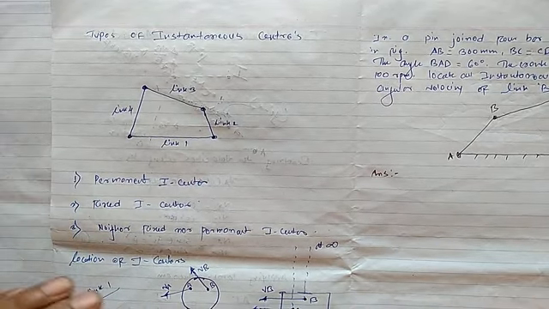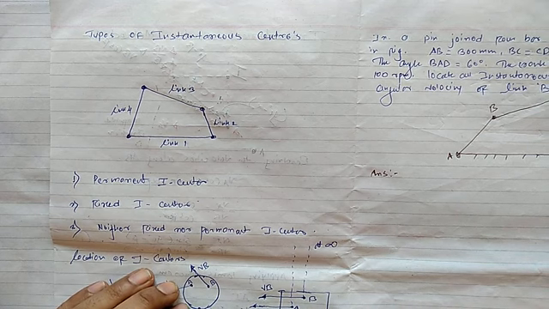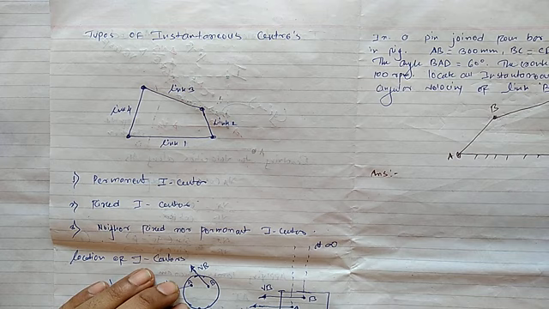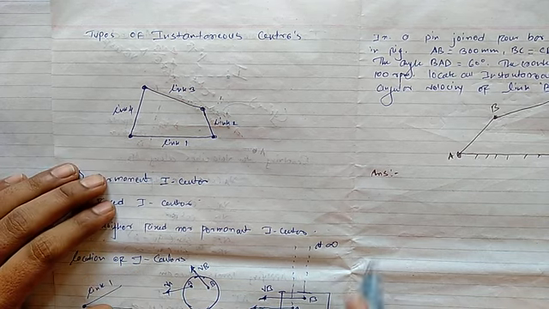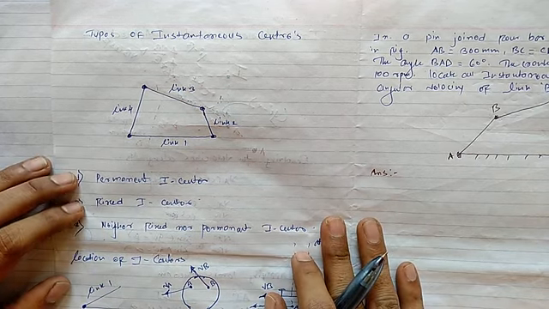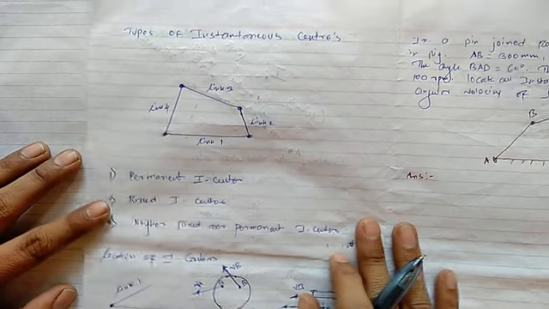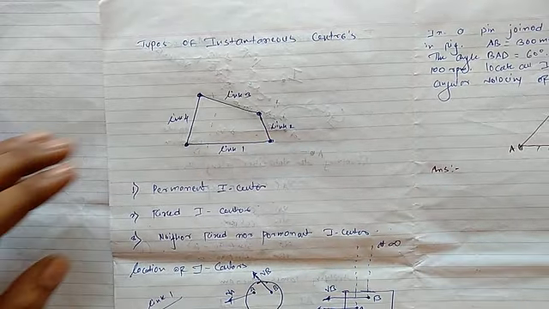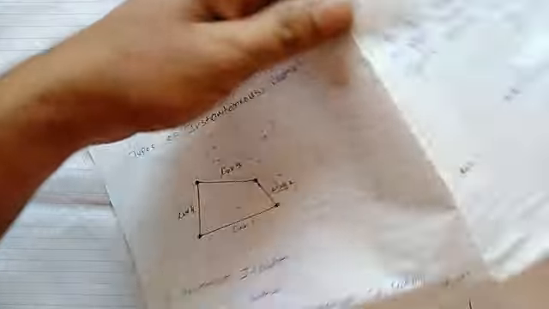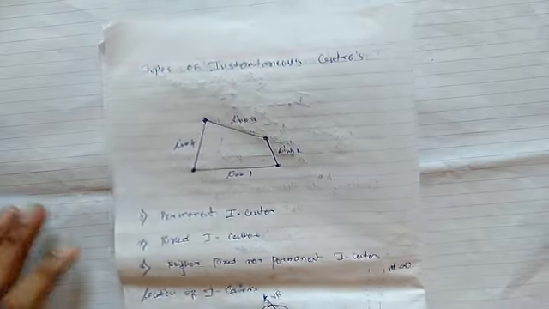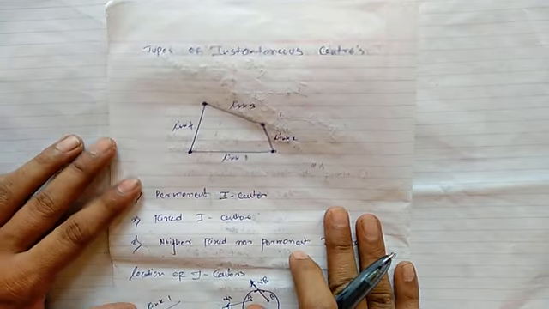Then next, types of instantaneous centers. This is a very important part of the instantaneous center method. Once you understand which kinds of instantaneous centers there are, we can easily solve any problem by using this relation. Refer here, types of instantaneous center.